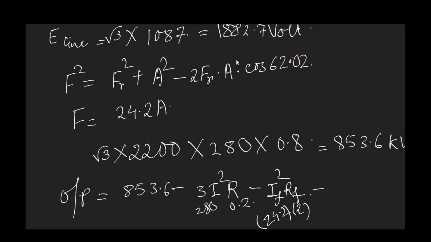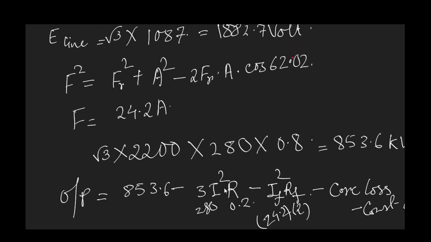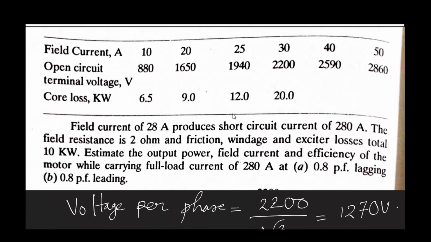Then you are having all other constants, core loss minus your other constant losses. Here, the interesting fact, while I am discussing this problem, if you see here, they have clearly mentioned core loss as a separate entry.